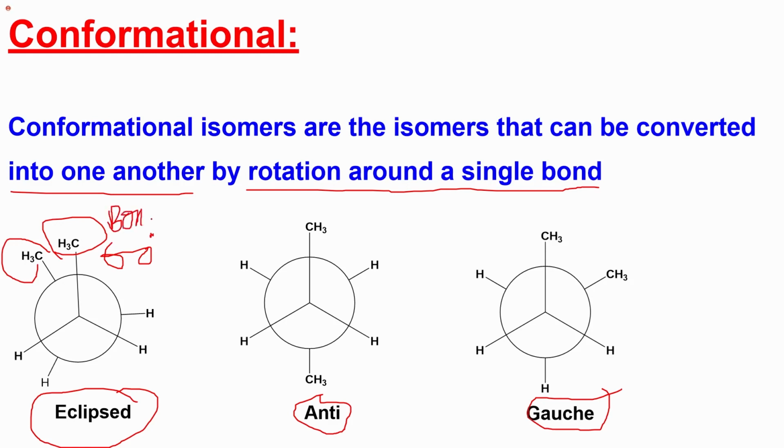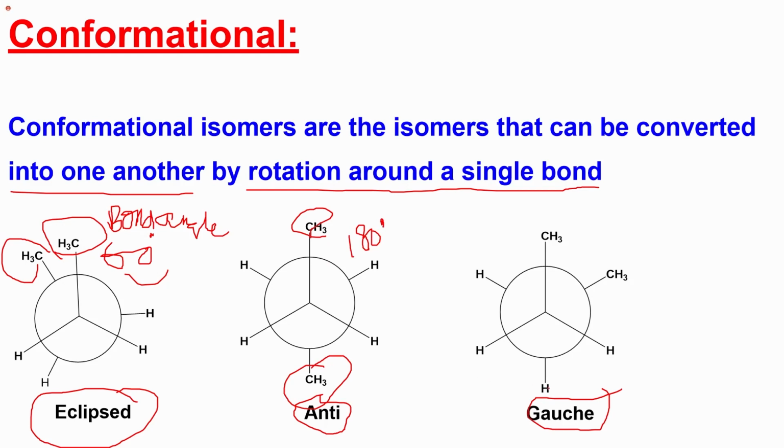If you see these two same atoms or same groups at 60 degrees, then it is eclipsed. Now, if the same CH3 groups are anti to each other, that means the angle is 180 degrees, then it is anti.